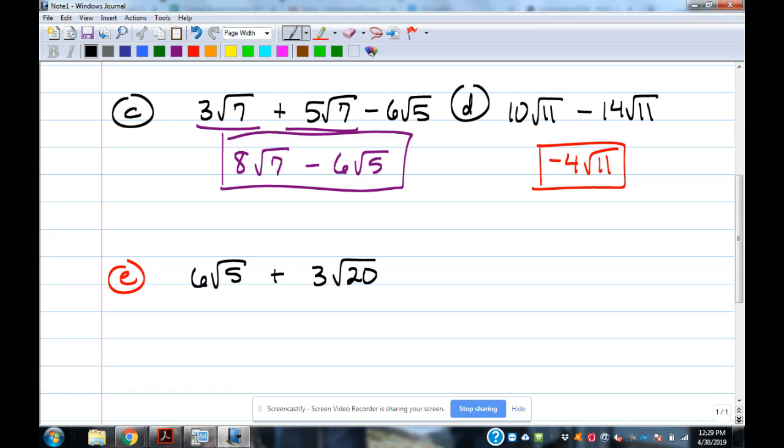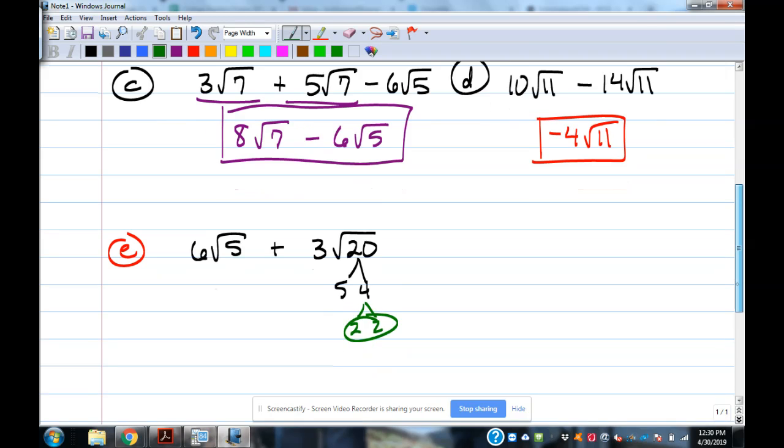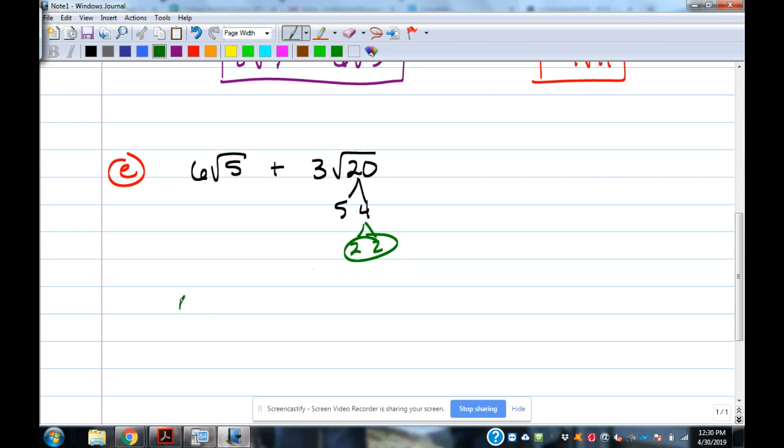Is 5 a prime number? Yeah, so I know this one's not going to simplify, but the 20 will break down into 5 times 4, and 4 breaks down into 2 and 2. Hey, there's a pair of 2s. What does that do to the 3 that's in front? It makes it 3 times 2. So we got 6 radical 5 plus 3 times 2, which is 6 radical 5. Hey, now they are like terms. You add them together. 6 plus 6 is 12 radical 5.